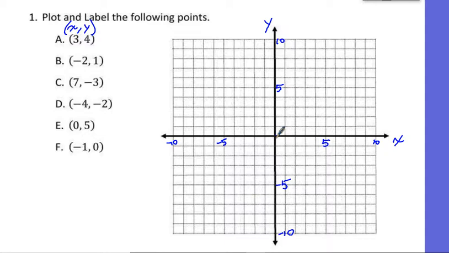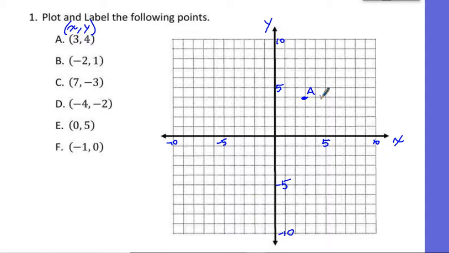This special point, again called the origin, we'll start there. And we need to go to the x value of 3. 1, 2, 3. And a y value of 4. So we go from 3 up to 1, 2, 3, 4. This is point A.